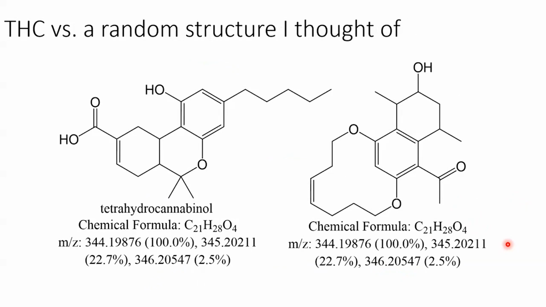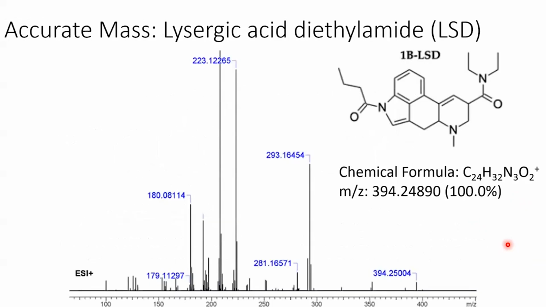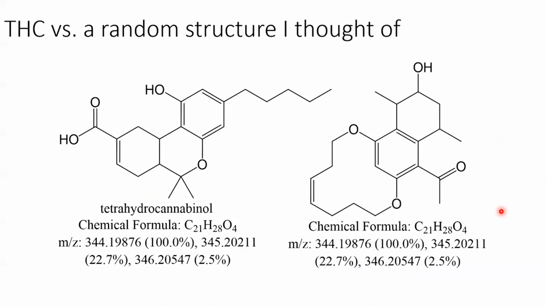Now, one thing to say is that despite matching your specific chemical formula shown here, you can still have different combinations of the way those atoms are put together and still retain an identical chemical formula. So on the left, I've shown the structure of tetrahydrocannabinol, and on the right, I've just made up my own chemical structural species.